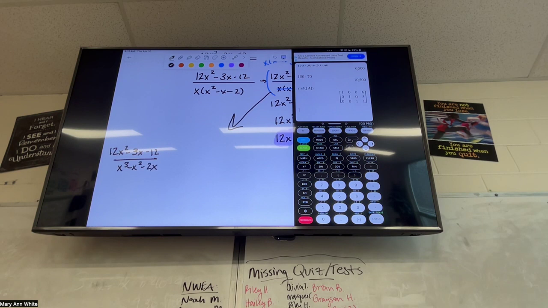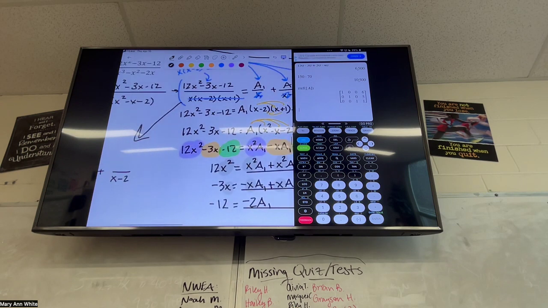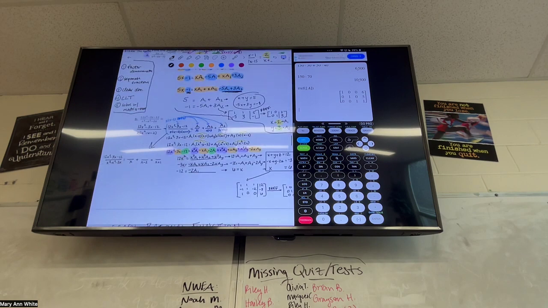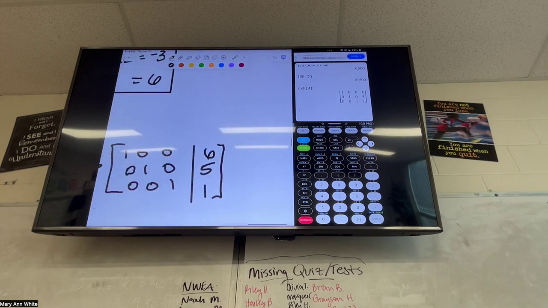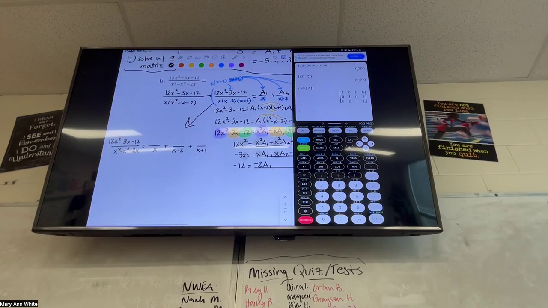That was my original equation. And that equals something over x plus something over x minus 2 plus something over x plus 1. And we found that those numbers, a sub 1, a sub 2, a sub 3, are 6 and 5 and 1.